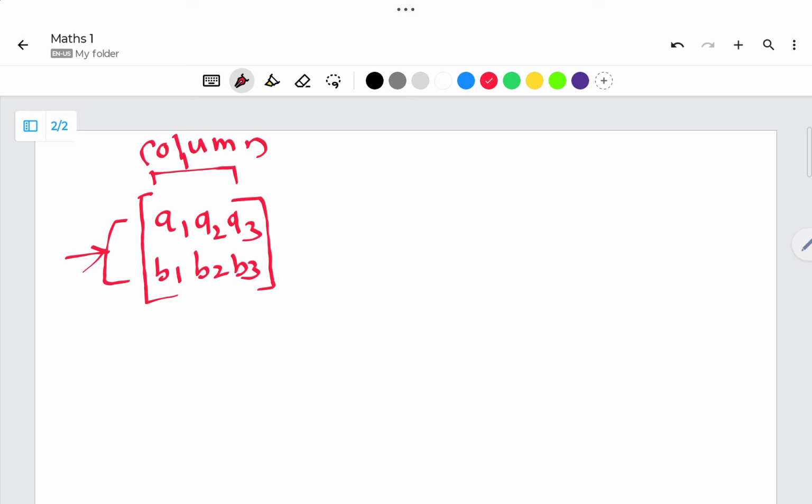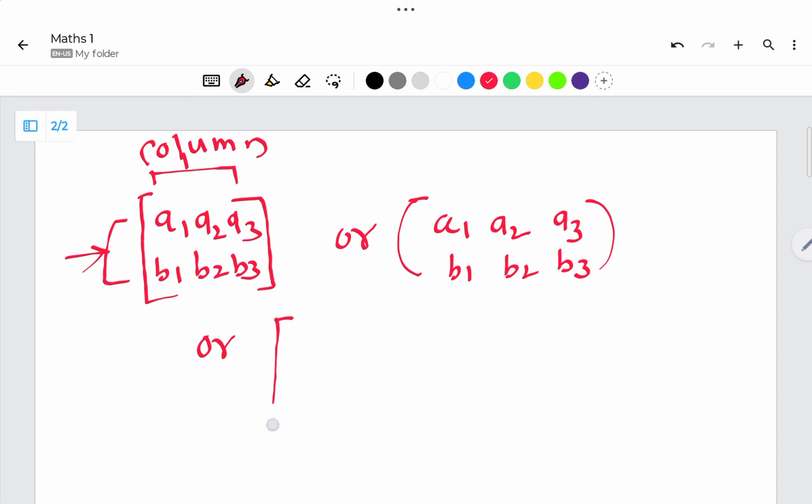इसको क्या बोलने का? Matrix बोलने का. We have to say this one as a matrix. It can be written like this also, A1, A2, A3, B1, B2, B3, or it can be written in a different way, or you can write A11, A12, A13, B11, B12, B13.